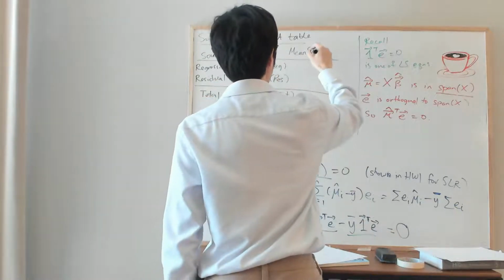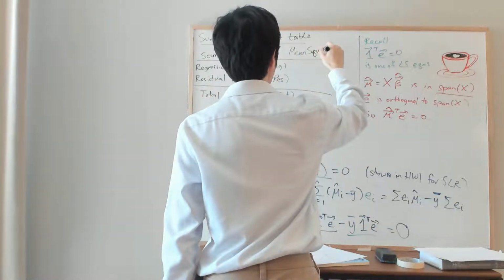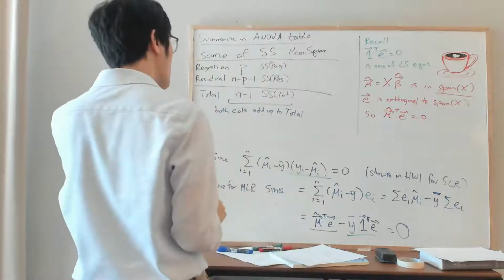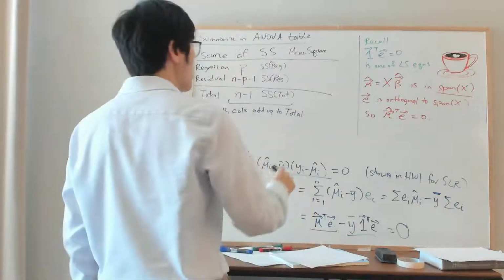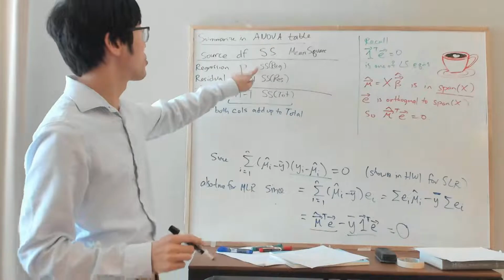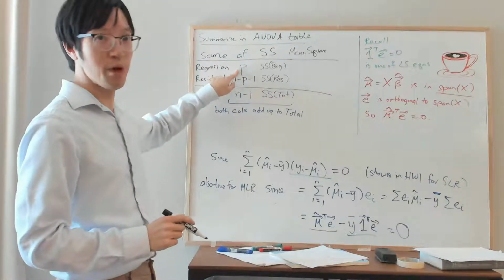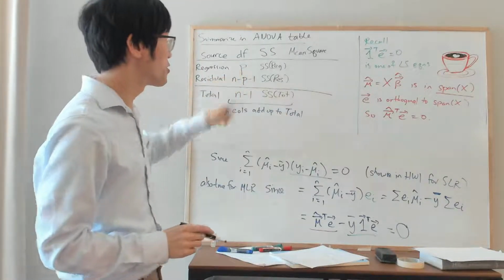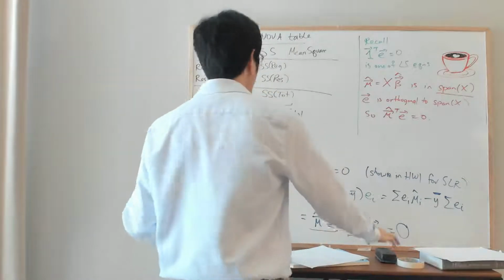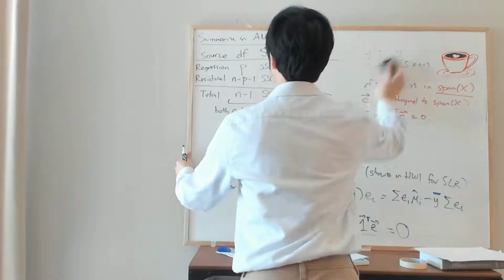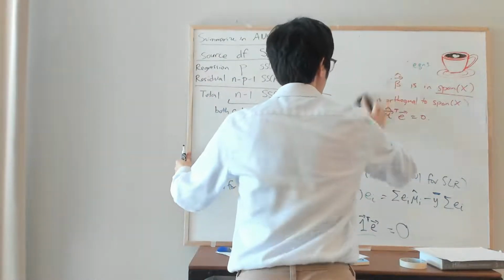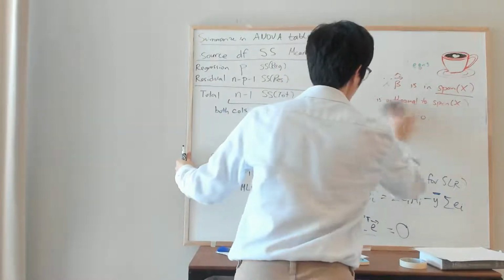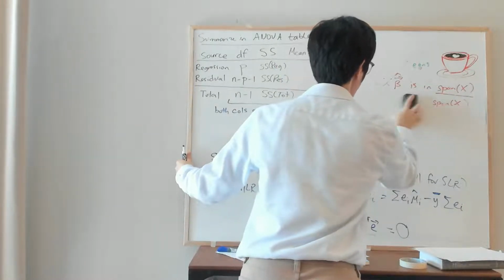So we have the mean square column, and the mean square simply takes the sum of squares and divides it by the corresponding degrees of freedom. So the mean square for regression is to take the sum of squares regression and divide it by p.